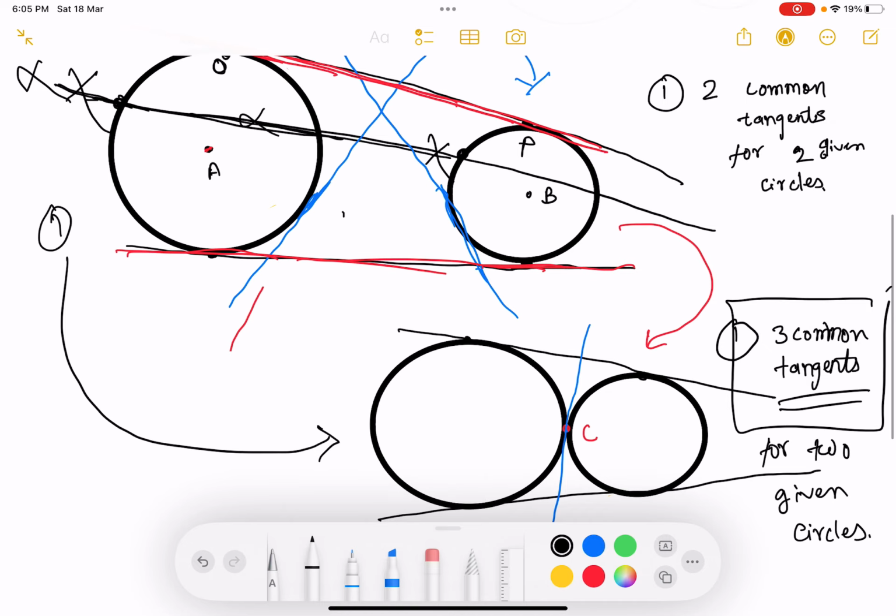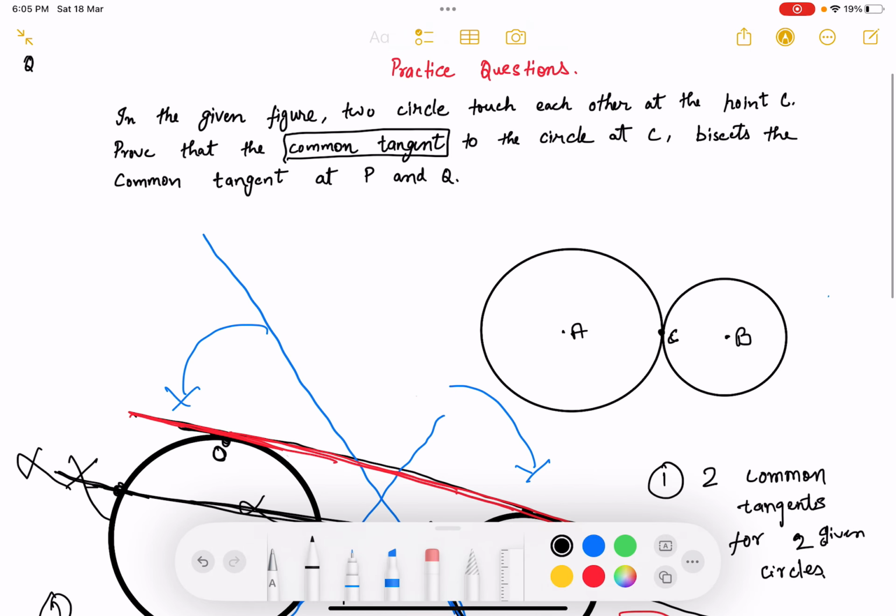Okay, so with these things in mind, let's try to solve this question. The question says that the common tangent to the circles at point C, this is a common tangent to the circles at point C, bisects the common tangent. Now this is another common tangent, PQ.